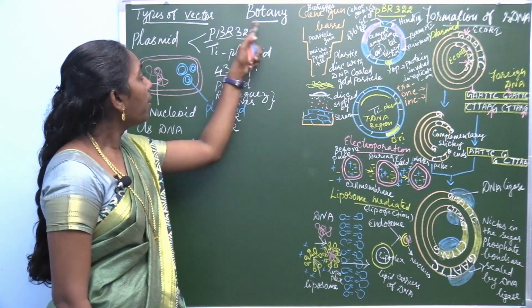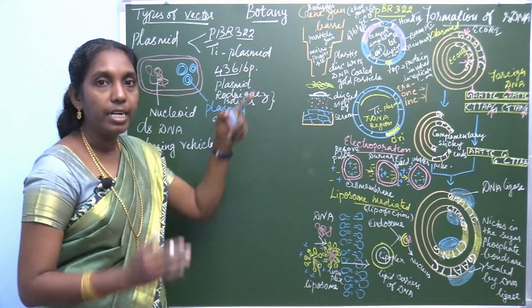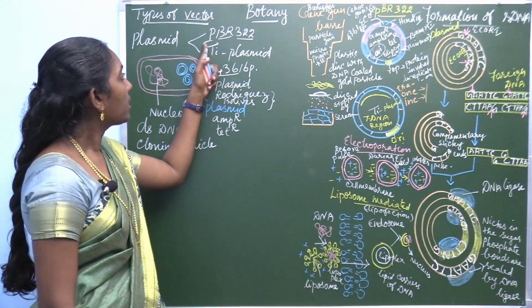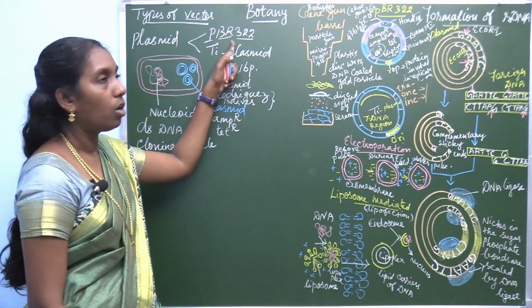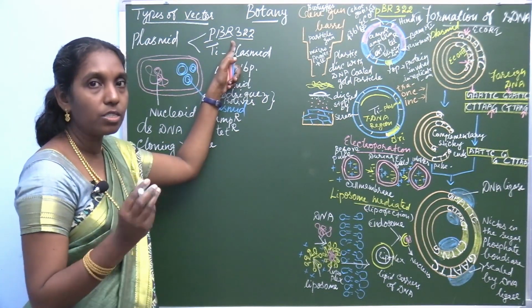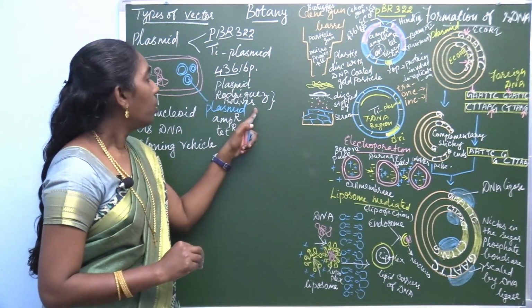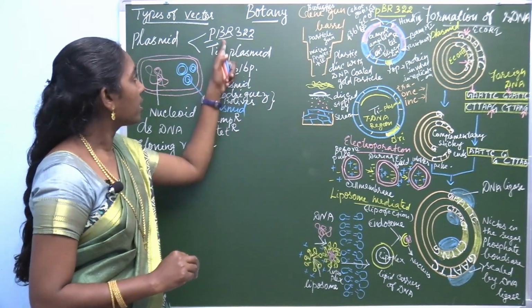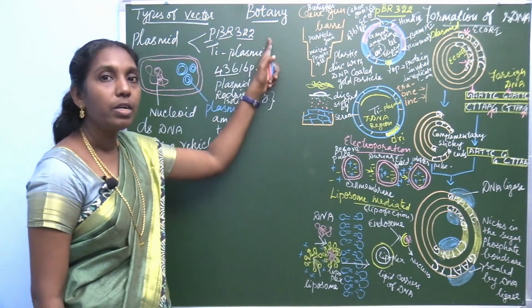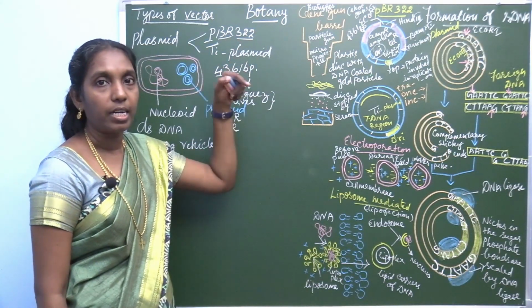In its name, P represents plasmid, B and R represent the scientists who developed this plasmid, Bolivar and Rodriguez respectively, and 322 is the number of this plasmid obtained in the laboratory.